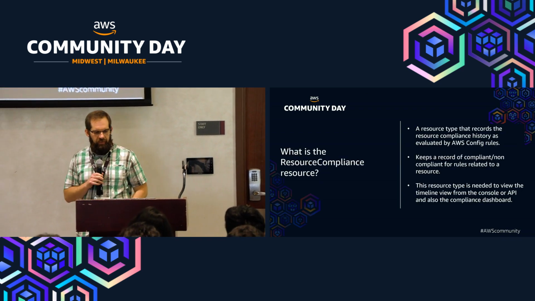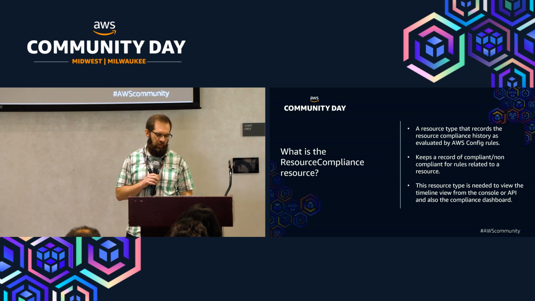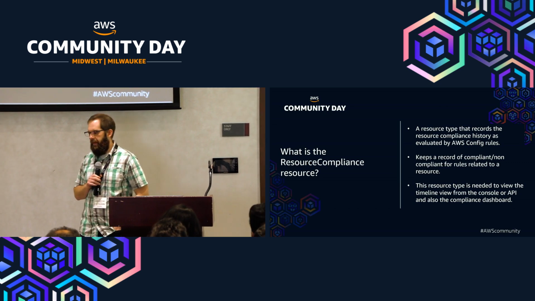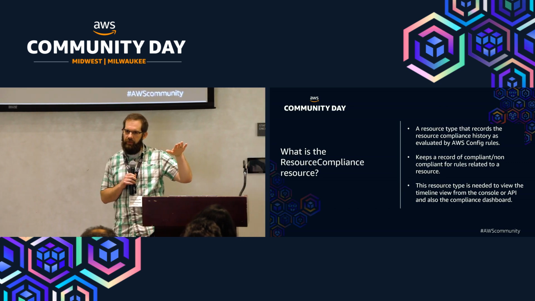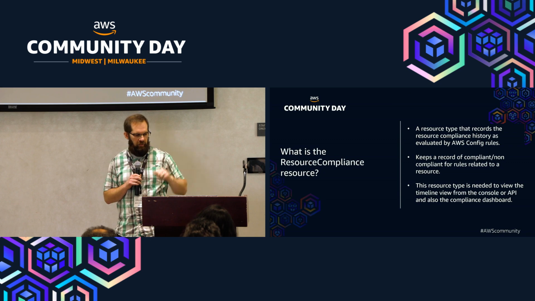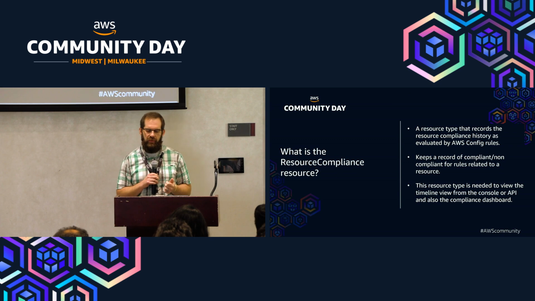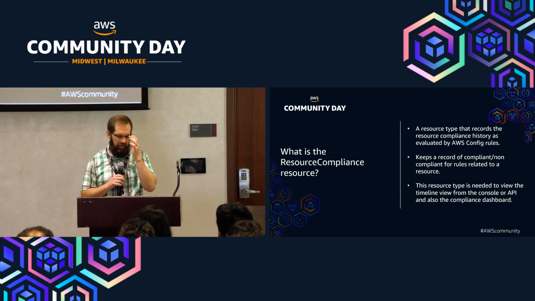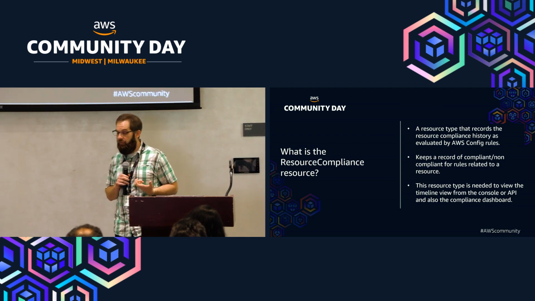Another one: often you'll see a resource type called resource compliance, and it's often number one. When you look at those CloudWatch metrics and group them, it'll be at the top, and people don't know what it is, because there is no resource that you spun up called resource compliance. Resource compliance is actually something Config itself uses.